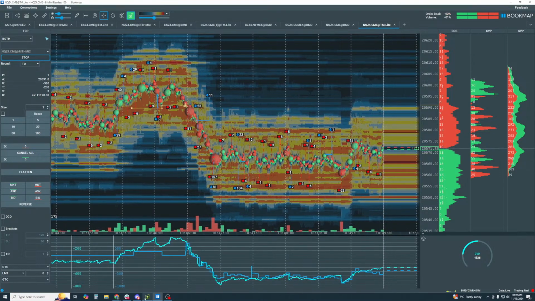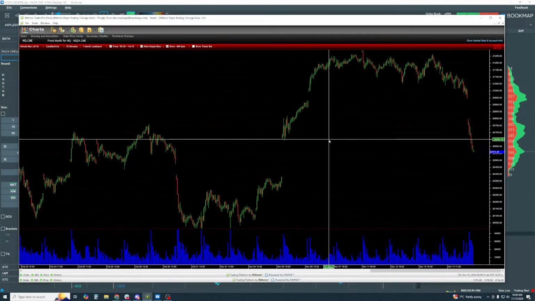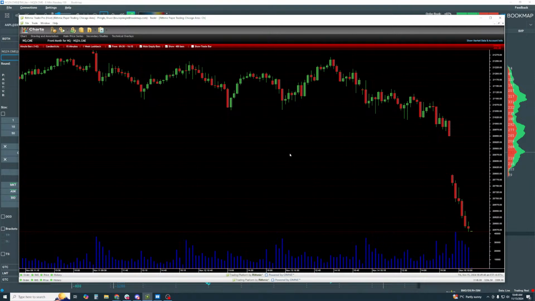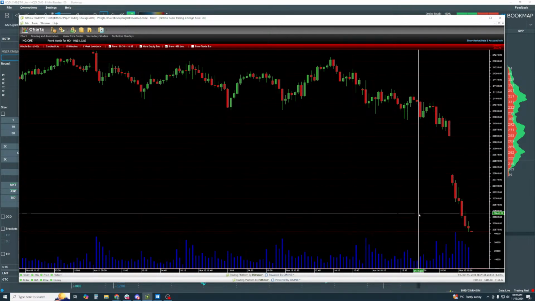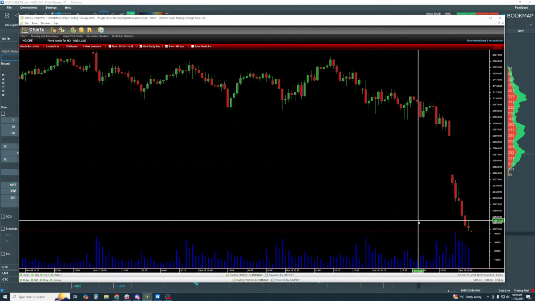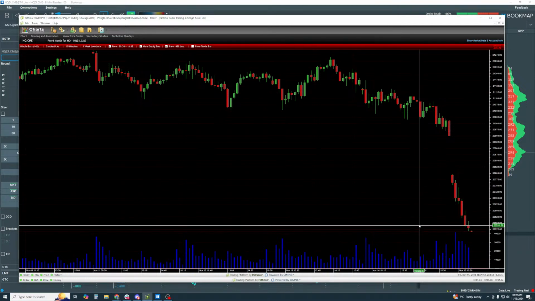Okay, so let's see where that might be on the higher time frame. Let's zoom in a little bit more. Boy, it would have to get a big bounce here. Yeah, I don't know.